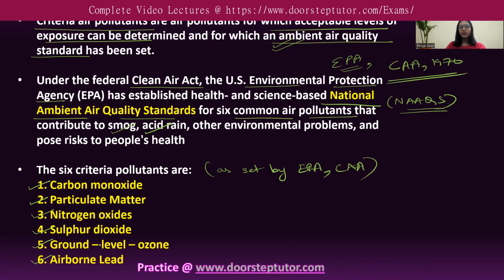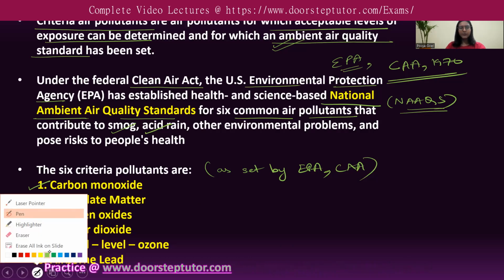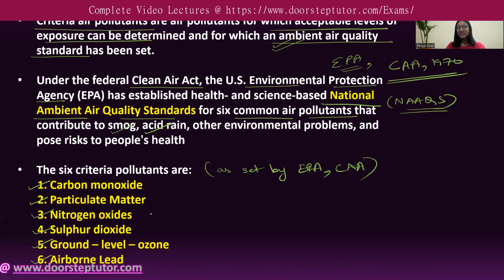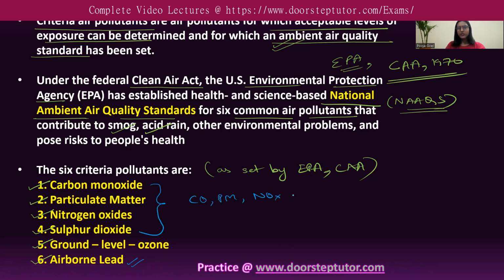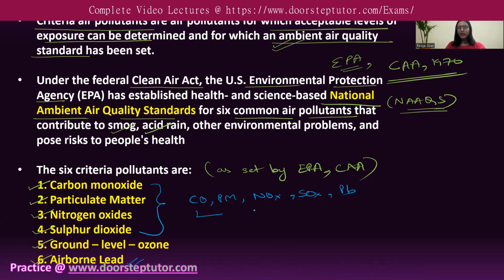Now, a very important thing to note here is that out of these 6 criteria pollutants, these 4 and lead, so these 5 criteria pollutants, that is carbon monoxide, particulate matter, nitrogen oxides, sulfur oxides, and lead, are the primary pollutants.